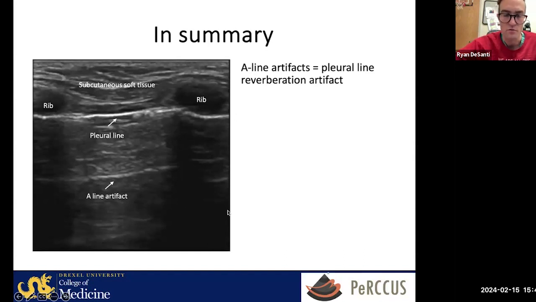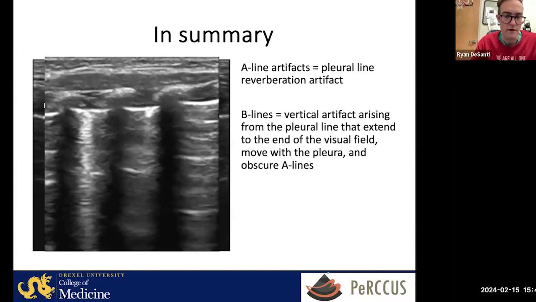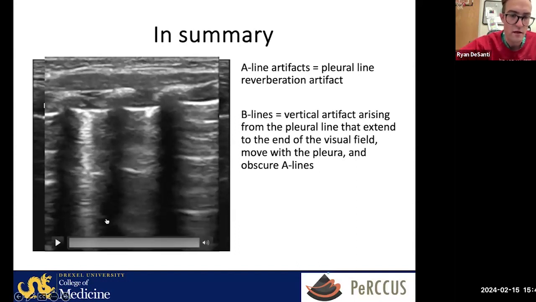And if the patient is old enough to have ossification of the ribs, you will have underlying rib shadowing and then subcutaneous soft tissue. We can get B-line artifacts, which are vertical artifacts that arise from the pleural line, extend to the end of the ultrasound view, move with the pleura, and obscure the pleural line.